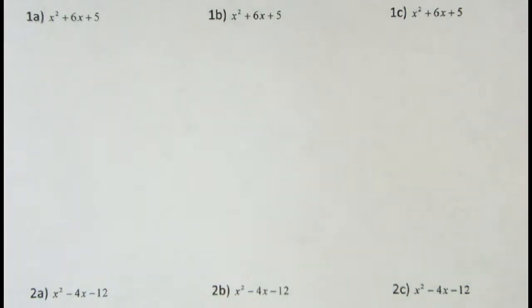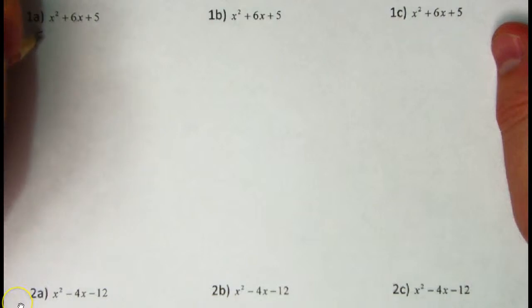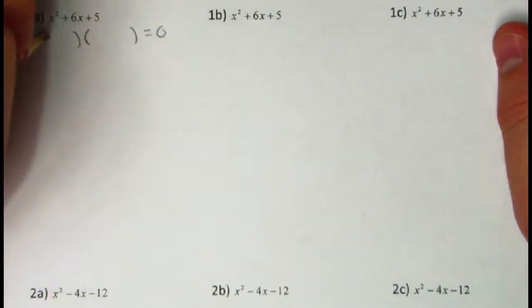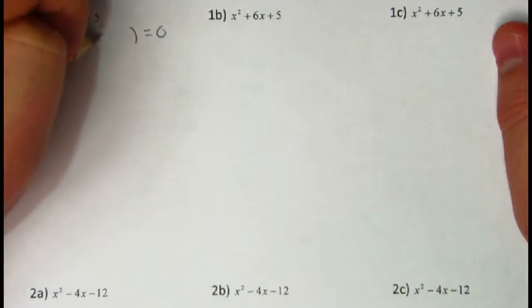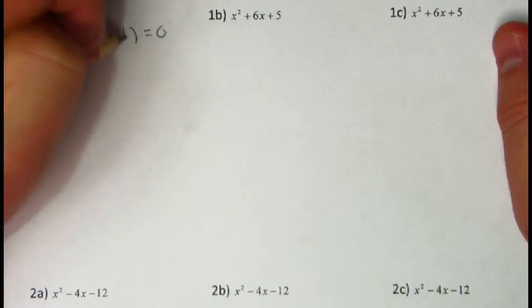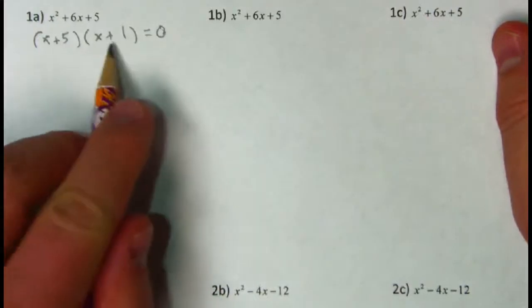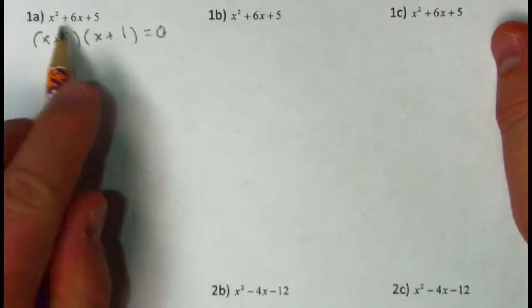So the first one, we needed to factor. What two numbers multiplied to 5 and added to 6? We got 5 and 1. 5 times 1 is 5, and 5 plus 1 is 6.